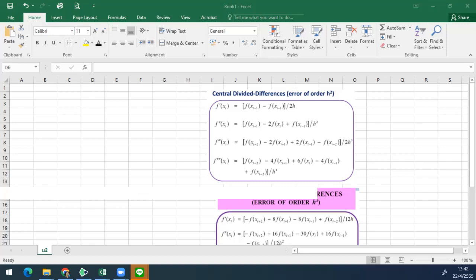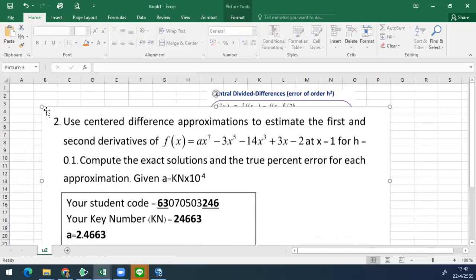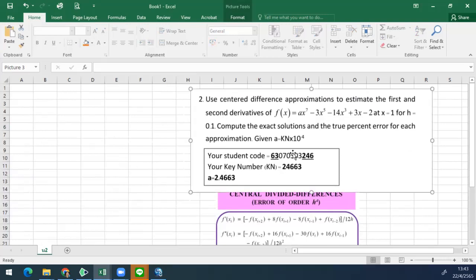So who can help me to determine the exact solution, please? From this problem, we have the function like this. This is a polynomial of degree 7.